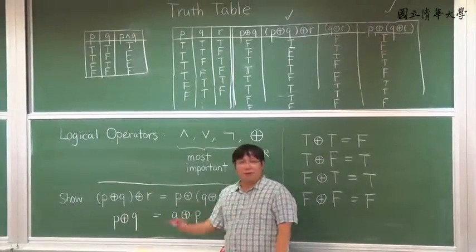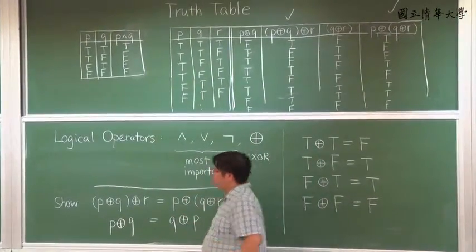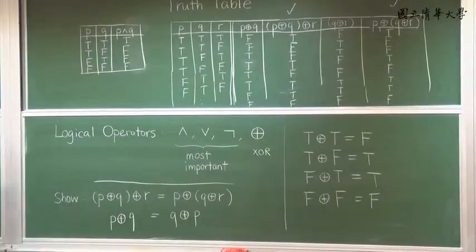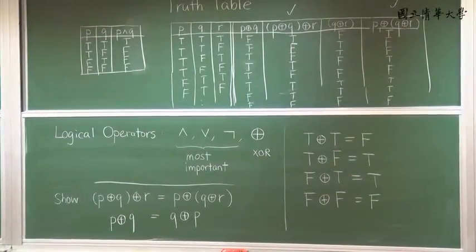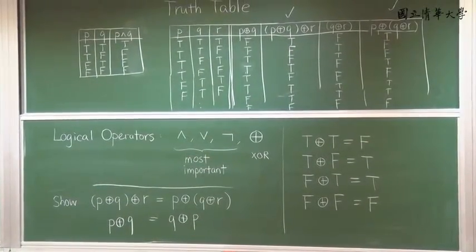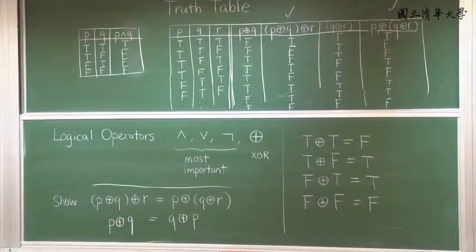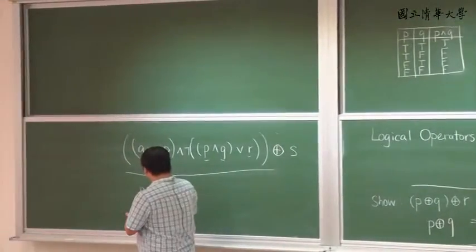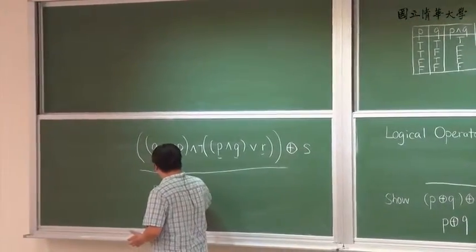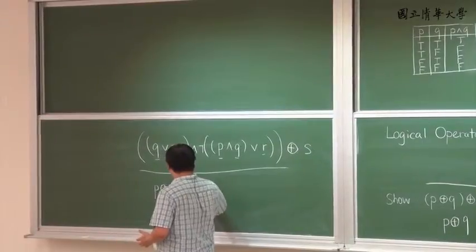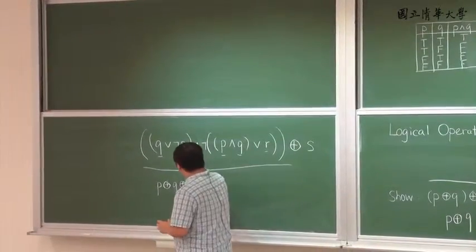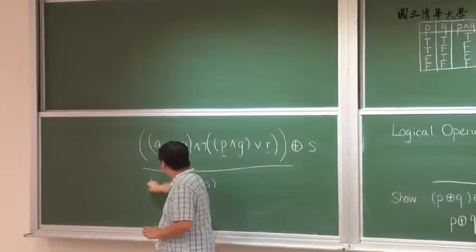With the first result, we will later see that no matter how long your proposition is, if it just consists of exclusive OR like P, Q, R, S, something like this, let's say I do these 2 first and then I do these 2 first.